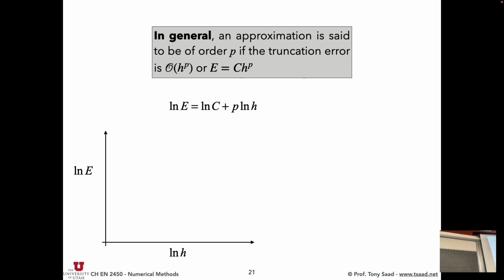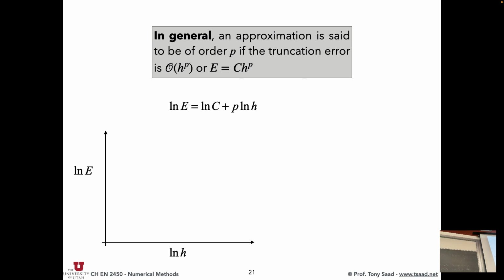Then if you plot the error on a log-log plot, so if you take the logarithm of e and the logarithm of c h to the p, what you get is log e equals log c plus p log h. And then if you plot log e versus log h, that becomes a straight line, and the slope of that straight line is p.